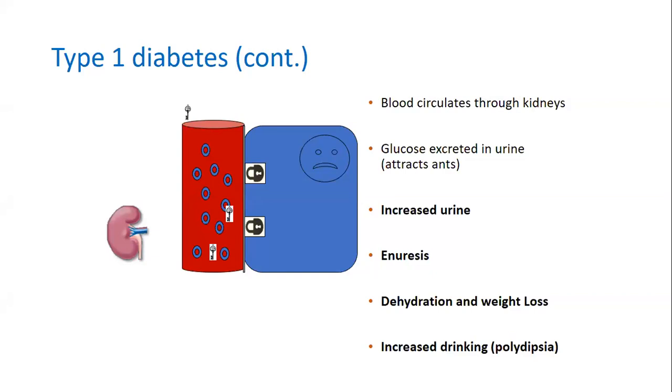And in a bigger child who is already toilet trained and doesn't bedwet, if you get enuresis, then that should be a red flag that possible diagnosis would be type 1 diabetes, and worse still, DKA. And then as they continue losing the water, these patients will develop dehydration and weight loss.